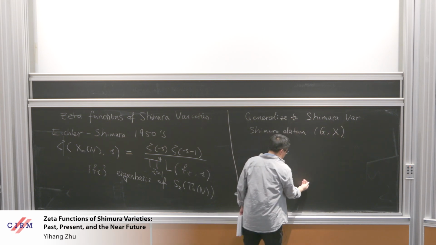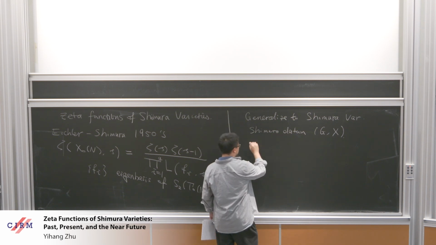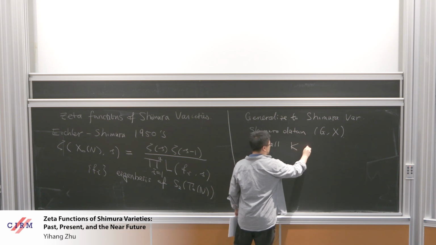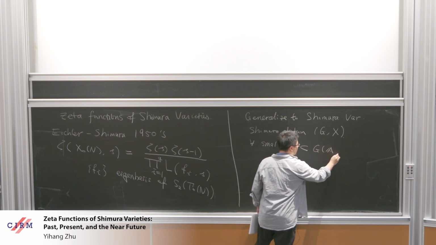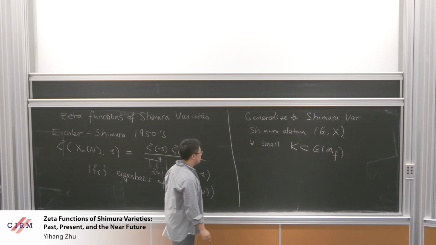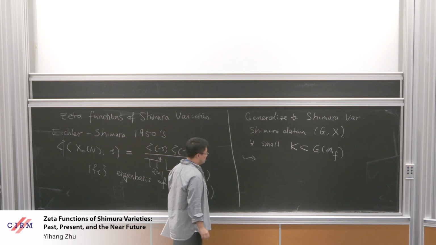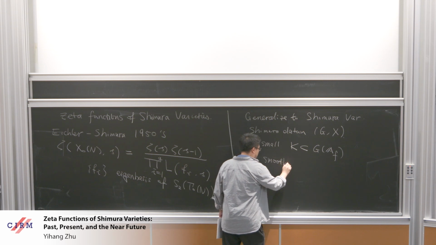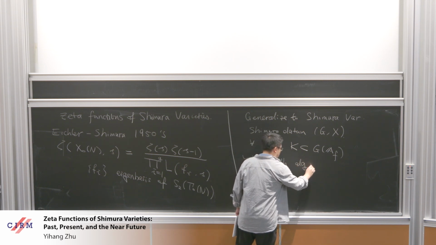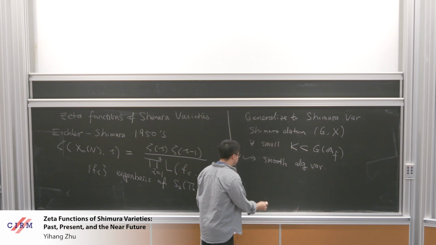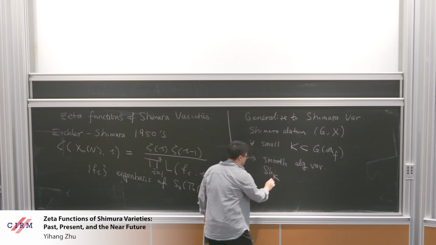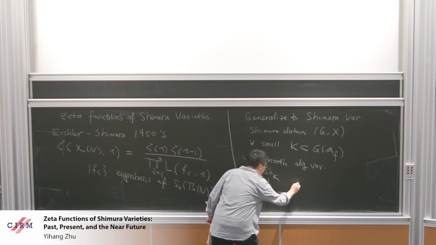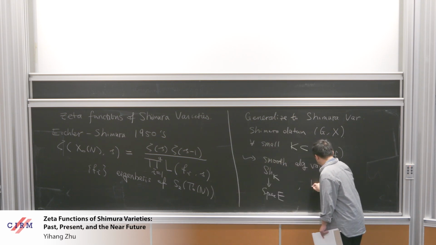And then due to the results of many people, we know that for every sufficiently small compact open subgroup K inside the finite adelic points of G, we get a nice algebraic variety, a smooth algebraic variety denoted by Sh_K over a number field, Spec E, where E is a number field called the reflex field.